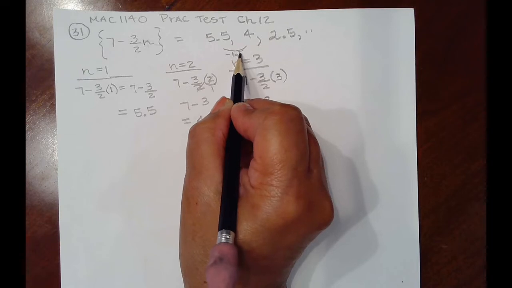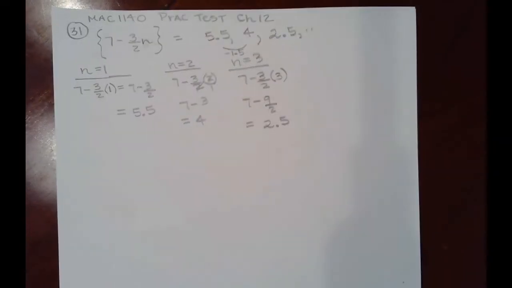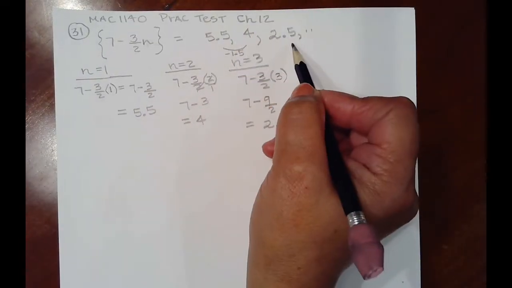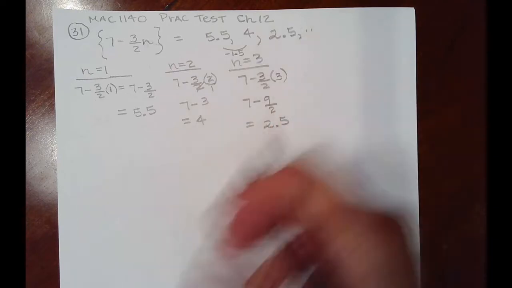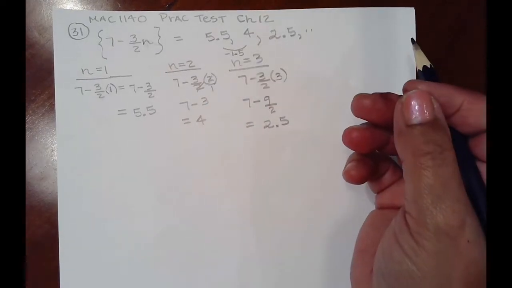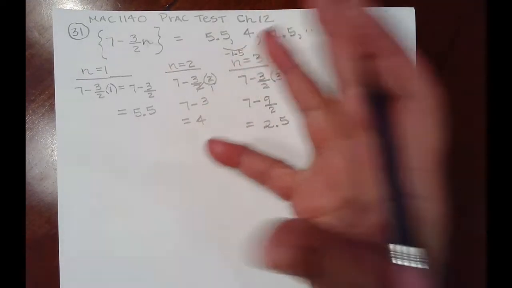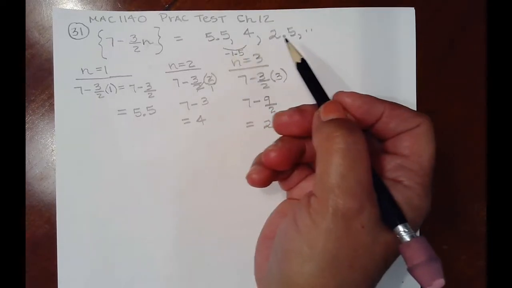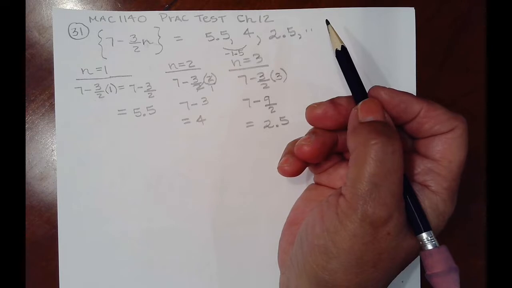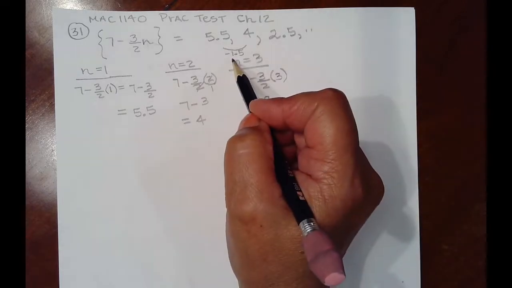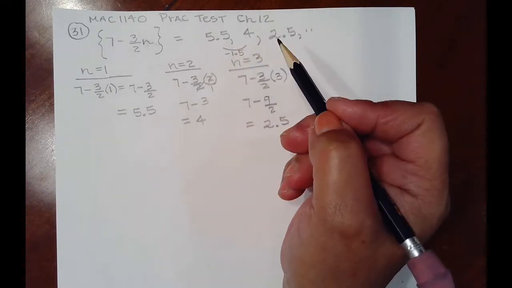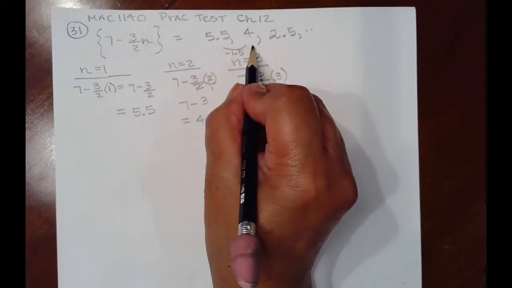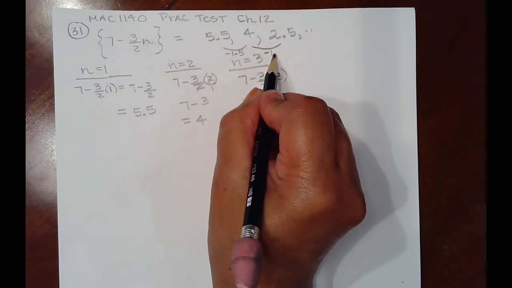Now if the same number is used to go from 4 to 2.5, then it's arithmetic because you're repeatedly using the same number to either add or subtract. We call it addition if it's a positive number, and you can refer to it as subtraction if you want to for a negative number, or you could just say you're adding a negative number. So from here to here, you would have to subtract 1.5.